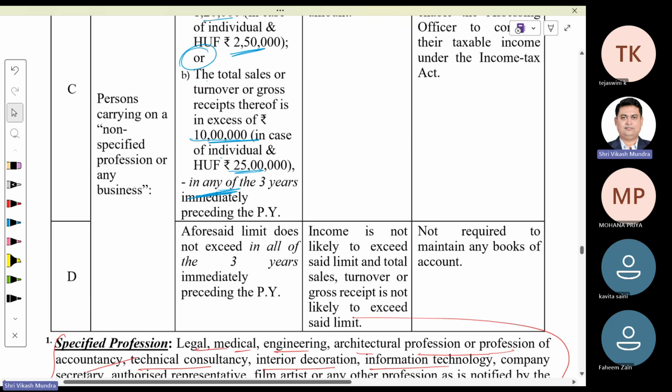However, if in all of the 3 years, I did not fulfill those limits, and I'm running a business or non-specified profession, in that situation, I'm not required to maintain any books of accounts. Is it clear? Is it clear to all?